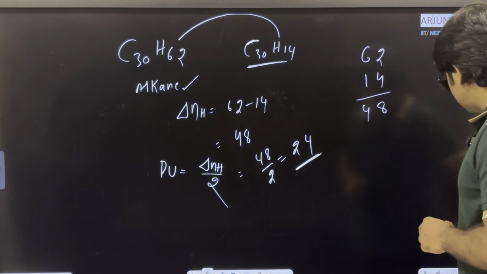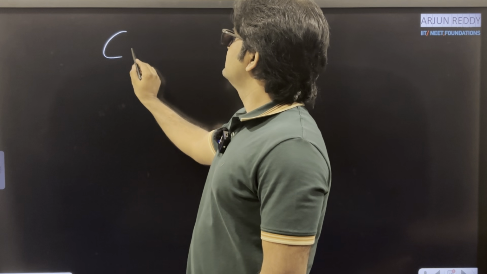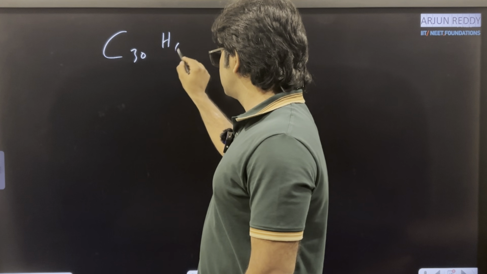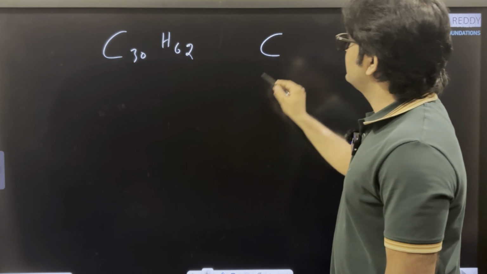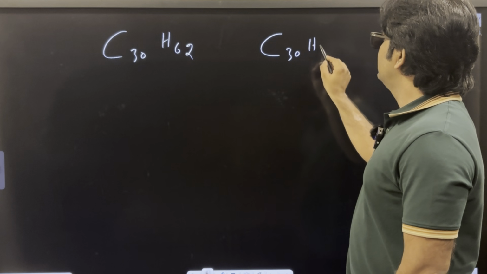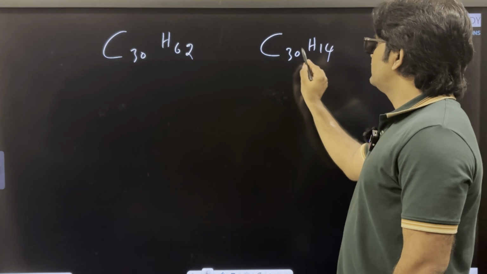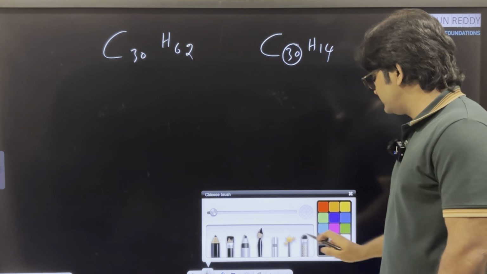Otherwise, what is the third method? If you want to calculate by this method, here C30H62, right? And what is the molecular formula of the given compound? C30H14. Clear? Now, in this compound, how many carbon atoms are present in total? Yes, 13 carbon atoms are there.